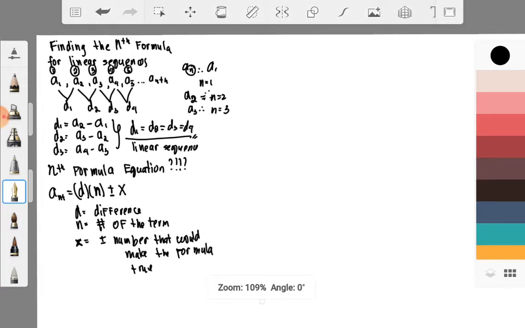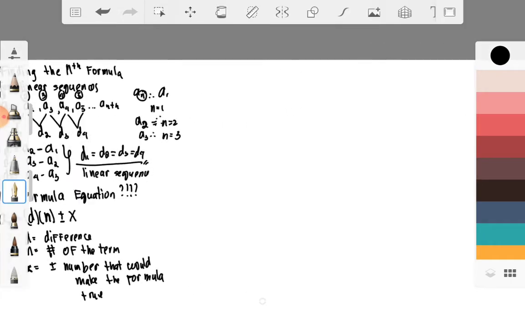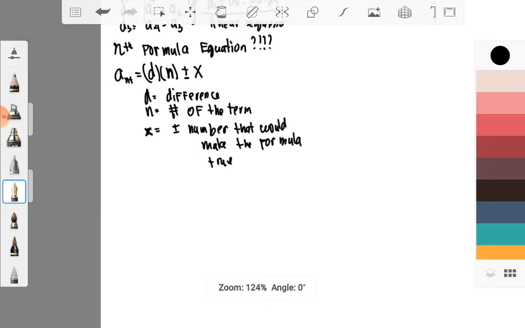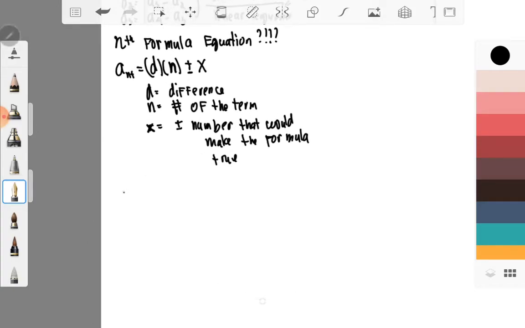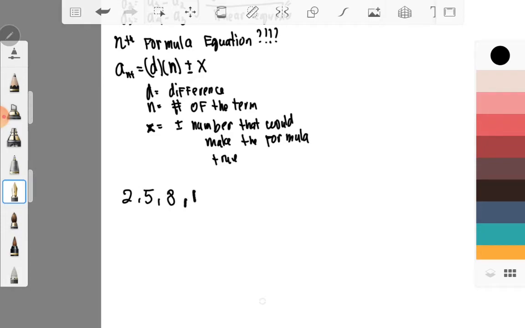So let's have our first example. So we have 2, 5, 8, and 11. Take note that our D is equal to 3.